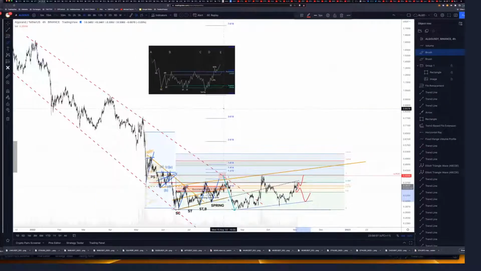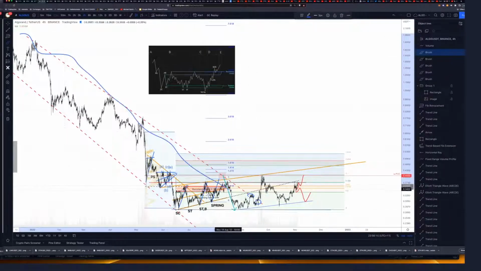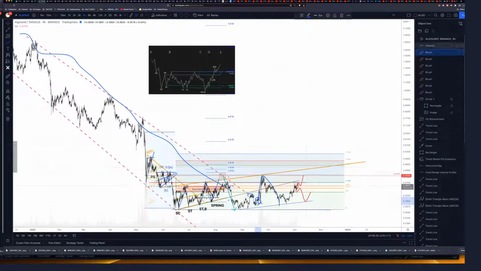Algo is a bit difficult. So you can see here that we've broken this macro trend line, this massive trend line, and it went up, but it didn't do much really. Just came back down. Still a good move, but these are the ones you got to trade when they break out.